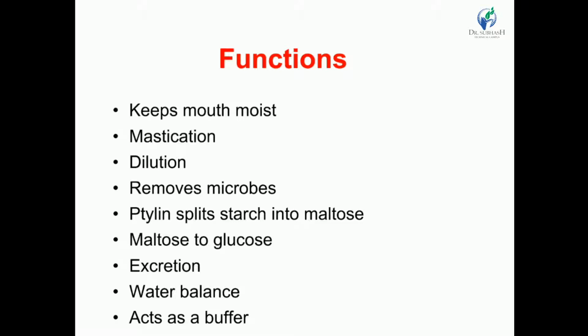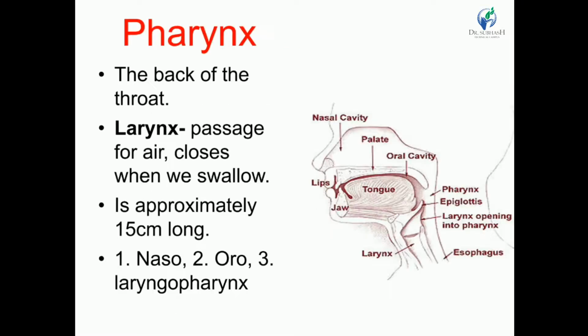Amylase splits starch into maltose, and again the maltose gets converted to glucose. It also helps in the excretion of certain materials, may help in the maintenance of water balance inside the body, and acts as a buffer. So these are all the functions of saliva.